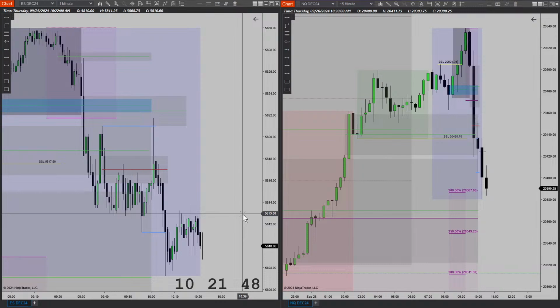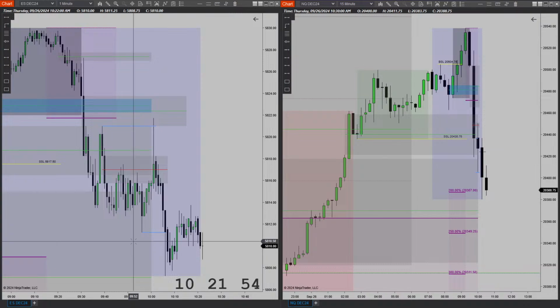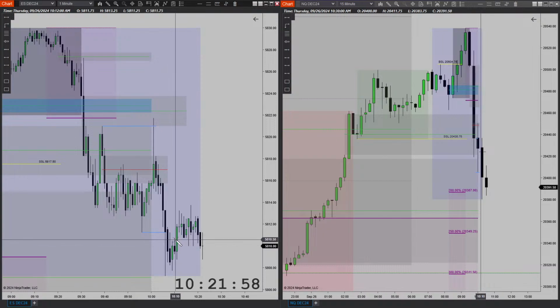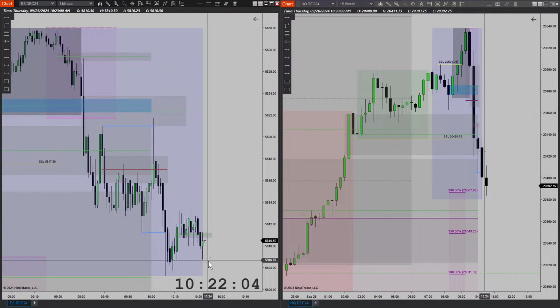We do have a gap that we're holding above, so we'll see how that one reacts. On ES, right there.